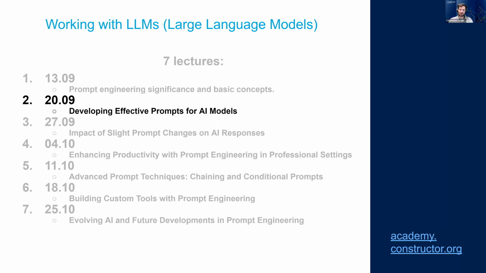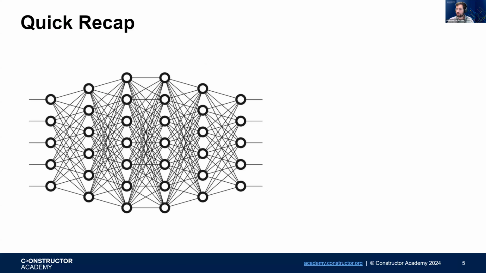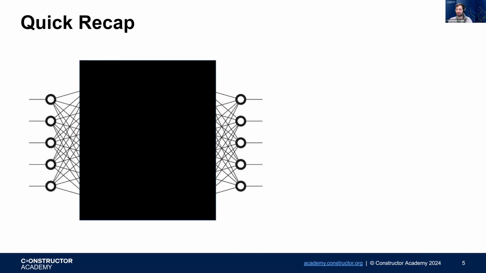So let's do a quick recap of what the last lecture was about. We saw that generative AI LLMs are basically neural networks, and the big problem out there is that even the people that work with them don't know what's happening inside.